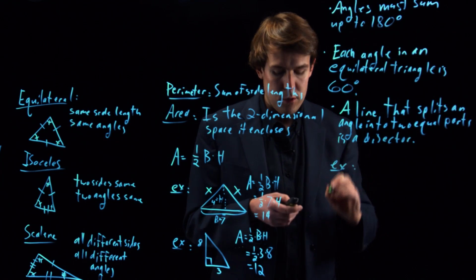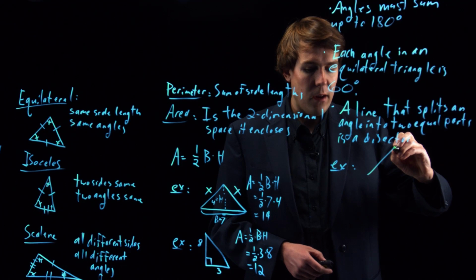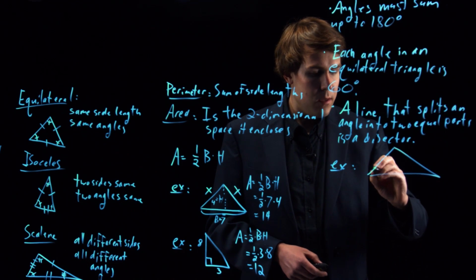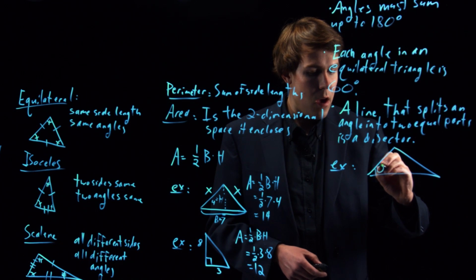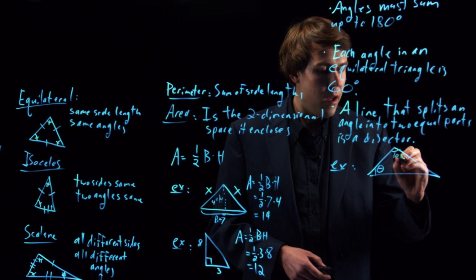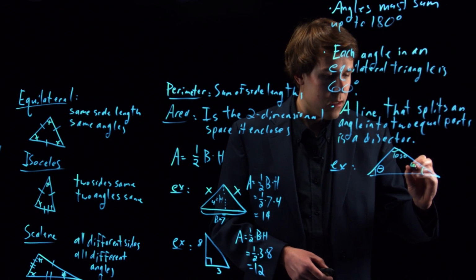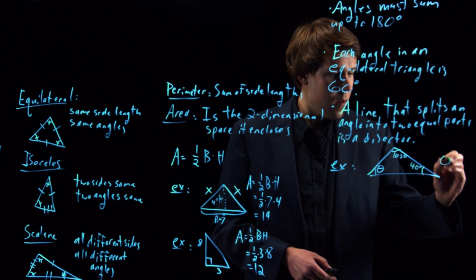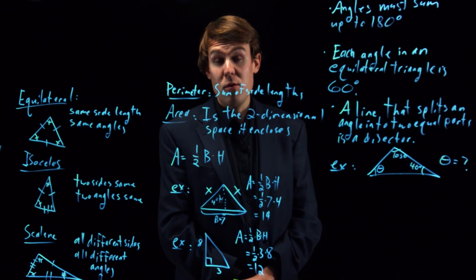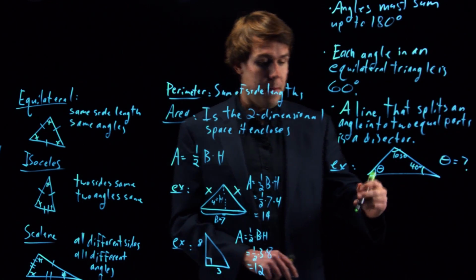So let's look at some examples regarding angles. Let's start with a triangle that's missing one angle. So this angle is unknown, and we'll write theta. This is the common notation, 105 degrees. Let's call this 40 degrees. We would like to solve for the missing angle size. How do I do this? Well, I know that all three of the angles must sum up to 180.